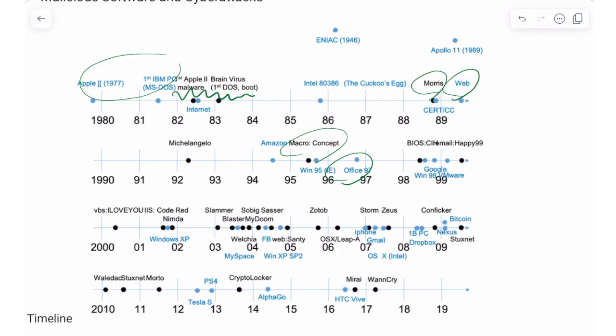That means you can write programs in your Excel file or in your Word file. So after that, hackers have macro malicious software, and so on and so forth.